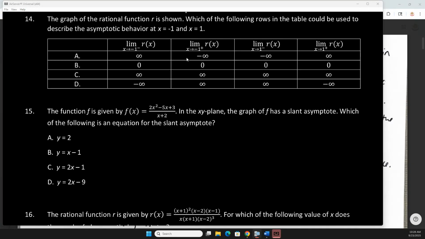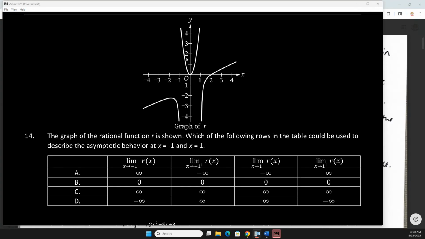Okay, so it says the graph of a rational function is shown, oh sorry, we need to see that right there. And we want to know which of the following rows in the table could describe the asymptotic behavior at -1 and at 1. Okay, so I'm going to go ahead and draw my vertical asymptote at -1 and at 1.